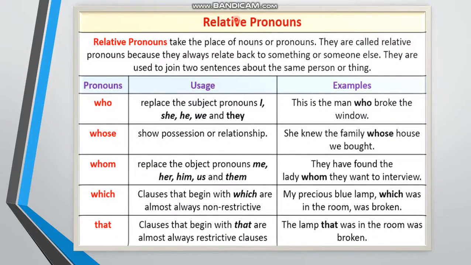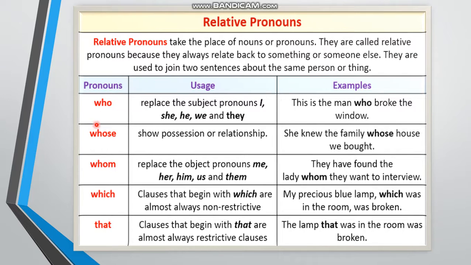So, relative pronouns take the place of nouns or pronouns, and they are called relative pronouns. Why relative pronouns? Because they always relate back to something or someone else, something before it. They are used to join two sentences about the same person or thing.